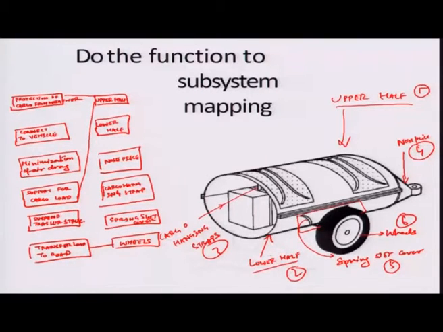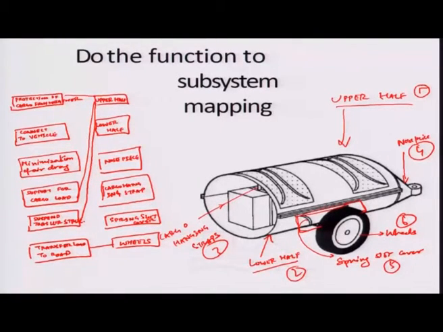And also in a manner, the upper half also sort of suspends the trailer structure, okay. So, this suspension here, as you can see in this particular zone, is sort of connected in a manner, so that the joint between the upper half and lower half is connected to the suspension. So, it is actually performing more than one function.